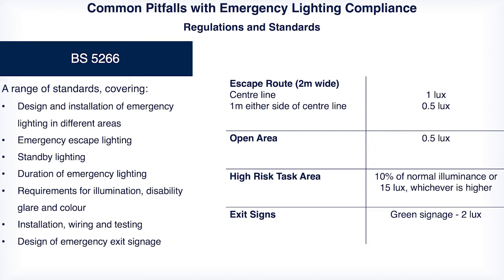As part of that, we've got to ensure that firefighting and safety equipment can be readily located and used as well. So there are guidelines, which you'll see on the slide there, which talk about specific light levels.